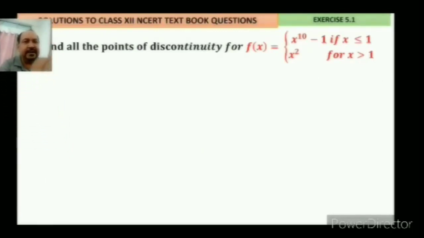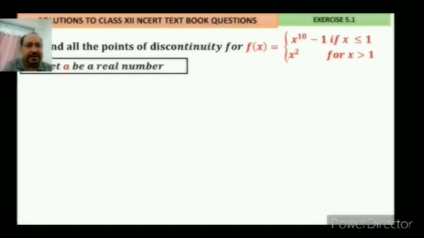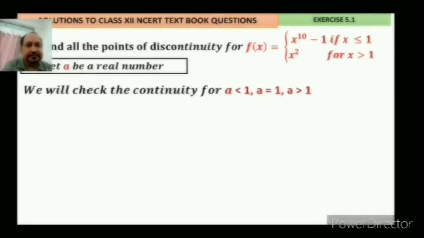Question number 12. Find all the points of discontinuity for f of x equal to x power 10 minus 1 if x is less than or equal to 1, and x square for x greater than 1. Let a be any real number. We will check the continuity for these conditions: a less than 1, a equal to 1 and a greater than 1.